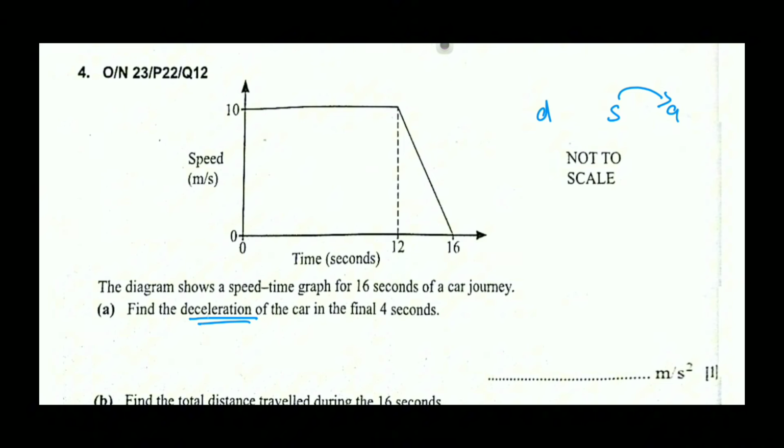As you know, from speed we have to find deceleration, so we are going to find the gradient. How to find the gradient of the final 4 seconds? The final 4 seconds are these.